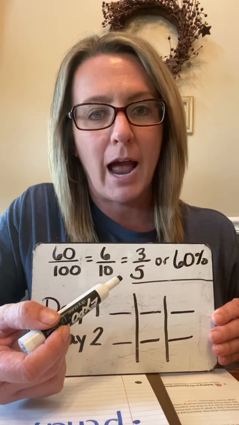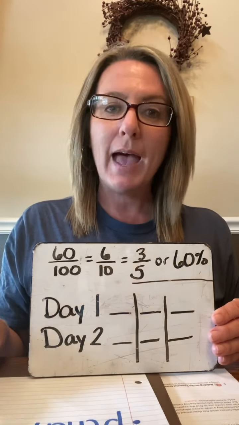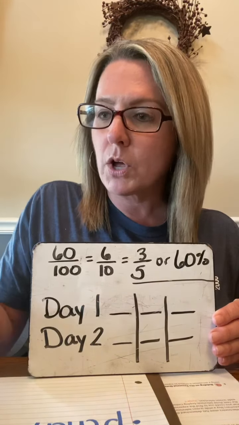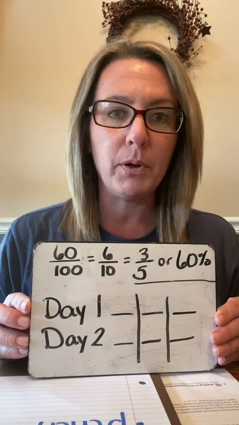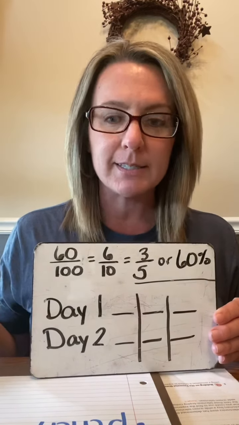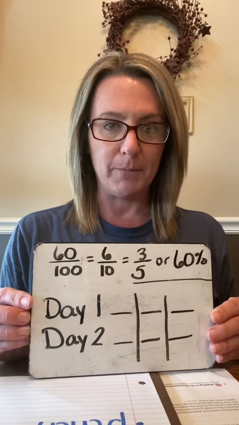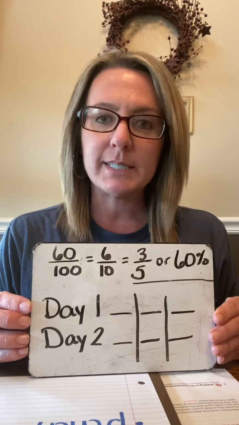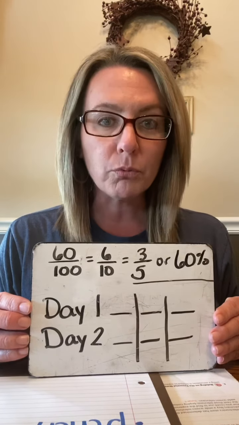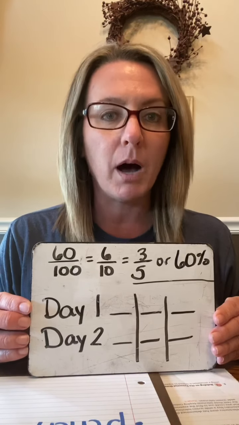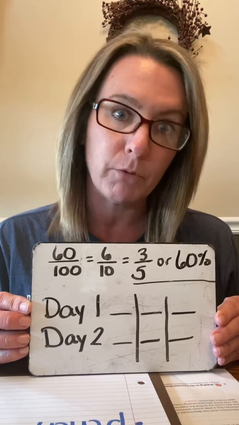So if we were going to put our rain chances into a simulation, I know that if there's a 60% chance, 3 out of 5 possible outcomes should represent rain.